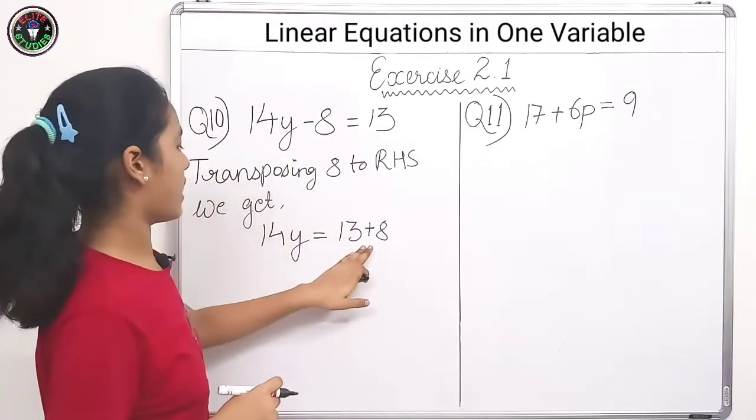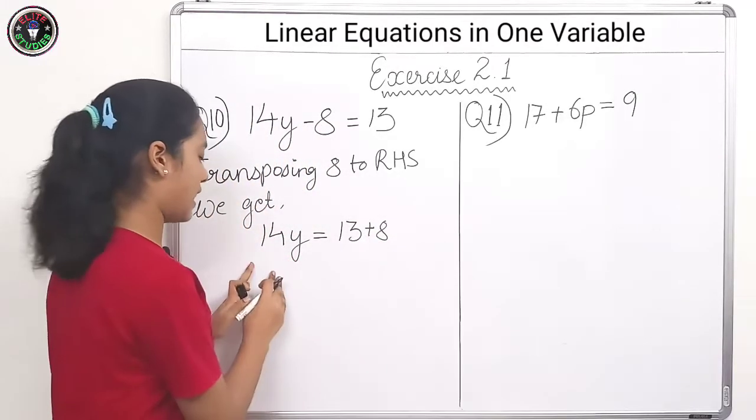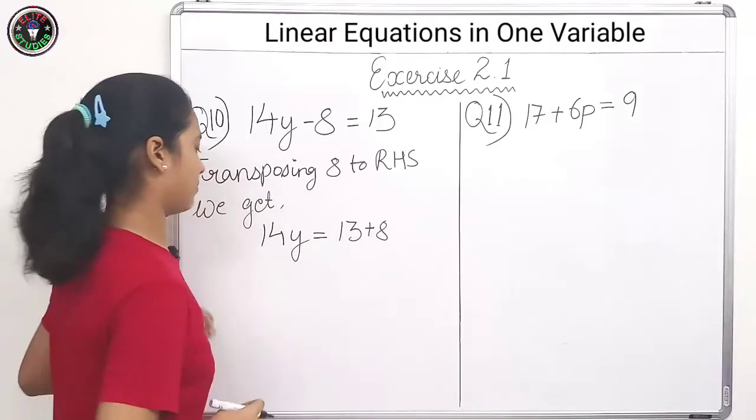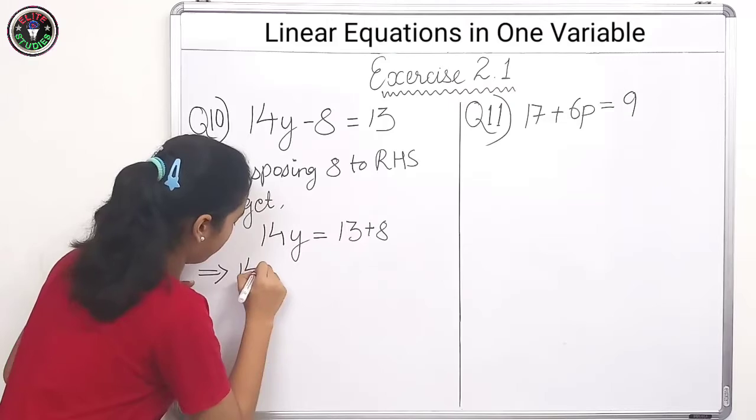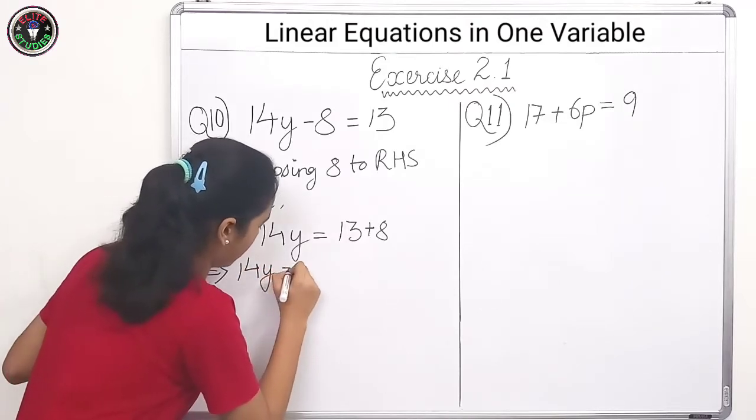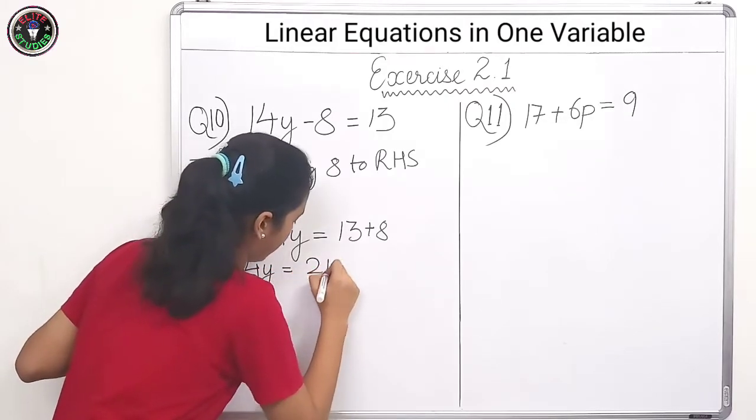The sign has changed because 8 was brought from the LHS to the RHS, or 14y is equal to 21.